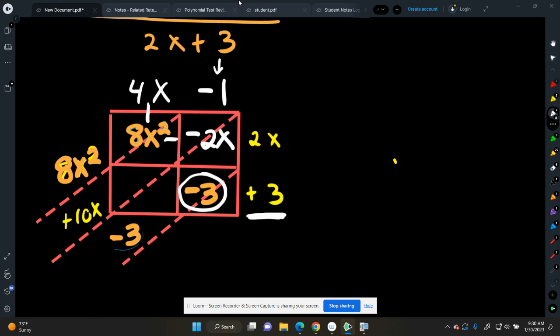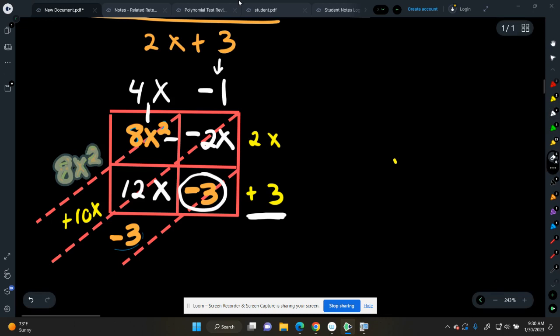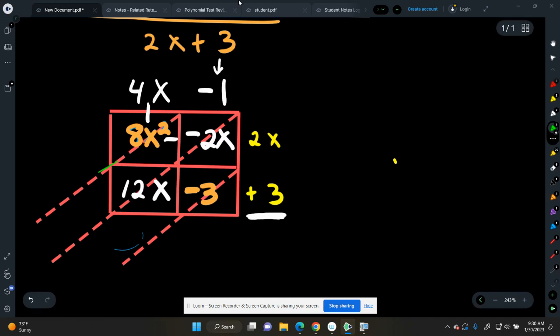So 4x times 3 gives me 12x. Let's make sure everything works out. I'm going to just erase these right now. We're going to follow our diagonals. On this diagonal, all I have is an 8x squared.